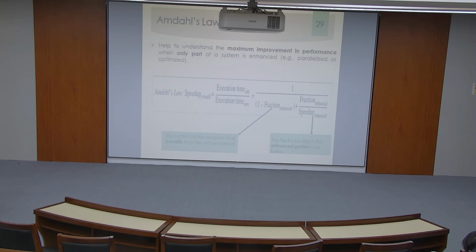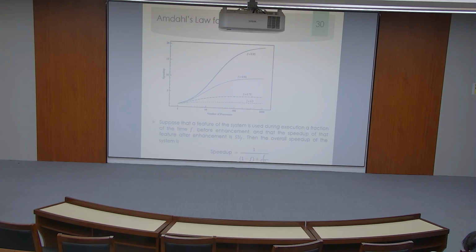Then the overall speedup is 1 divided by (1 minus f plus f divided by SUF). So this is Amdahl's law. 1 minus f is the fraction of the task that can only run in serial. f is the fraction of the task that can run in parallel.